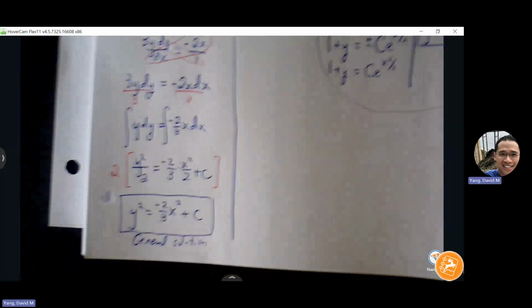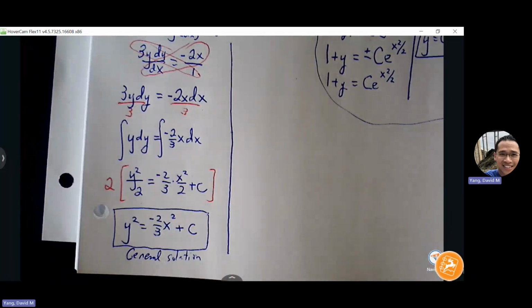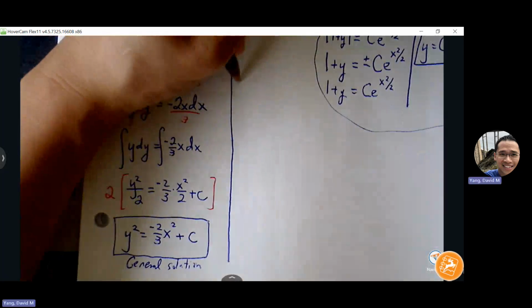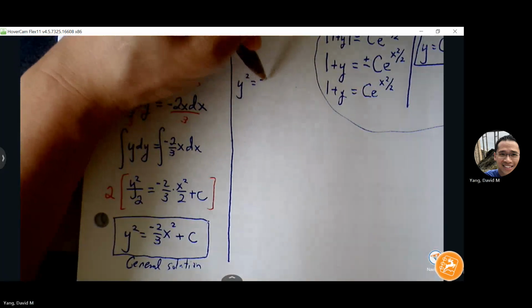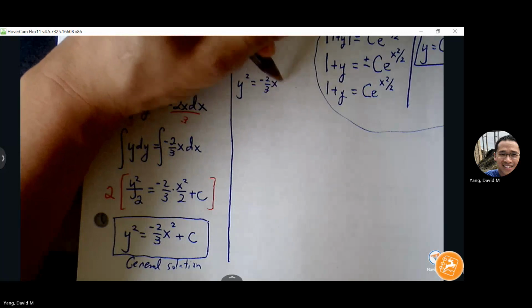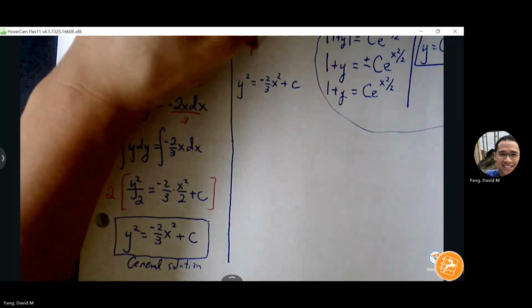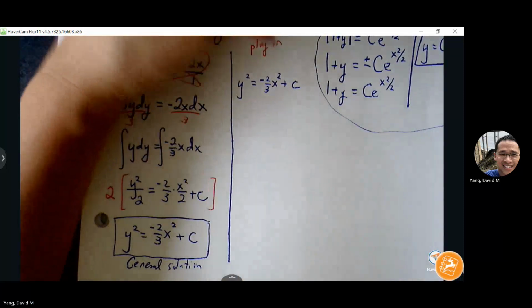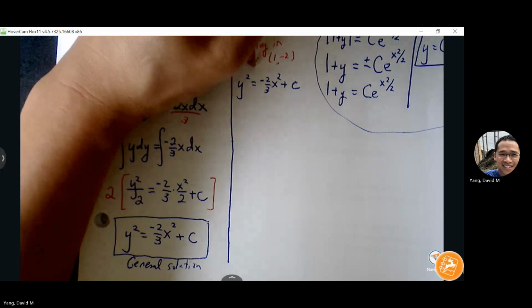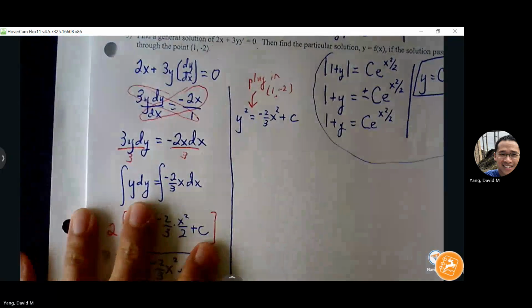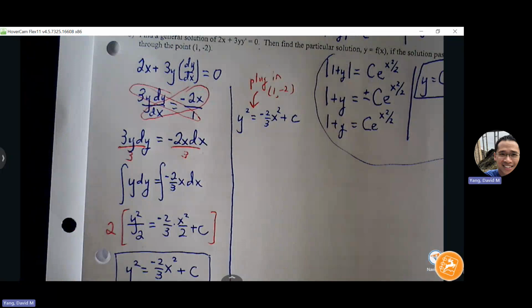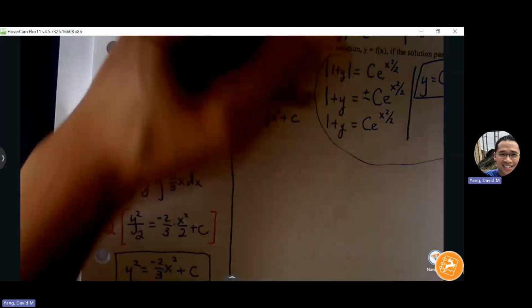Now, my particular solution is where I'm going to involve ordered pairs and actually solve for c so that I can eventually update this equation with a numeric value for c. So I'm going to go to the top here, rewrite my general equation. I'm going to plug in my ordered pair here. So 1 gets inserted for x, -2 gets inserted for y.